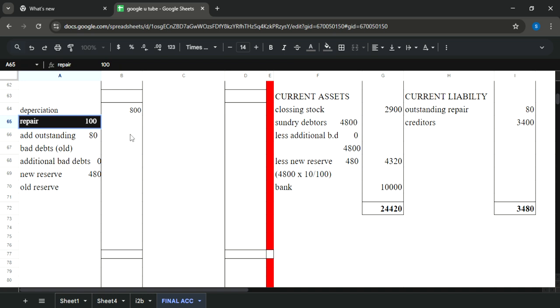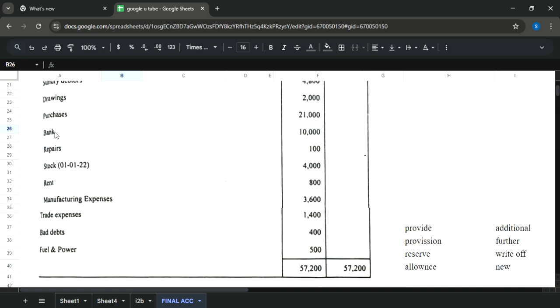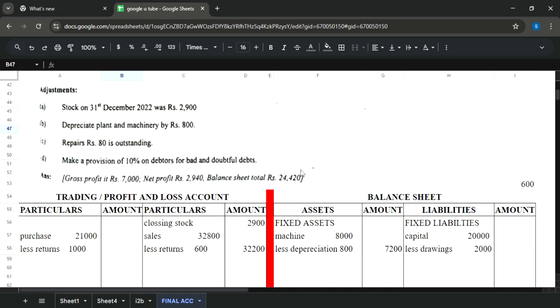Since it was associated with an adjustment, outstanding was supposed to be added. So 100, you will add outstanding 80. Finally, it is also completed. Repair, we have written. Stock: since it is an opening stock, the date is mentioned, closing stock was already written.